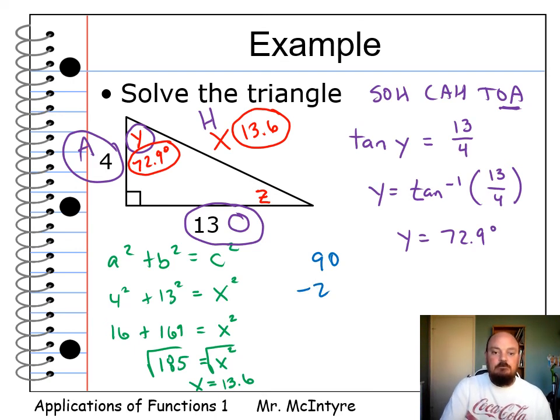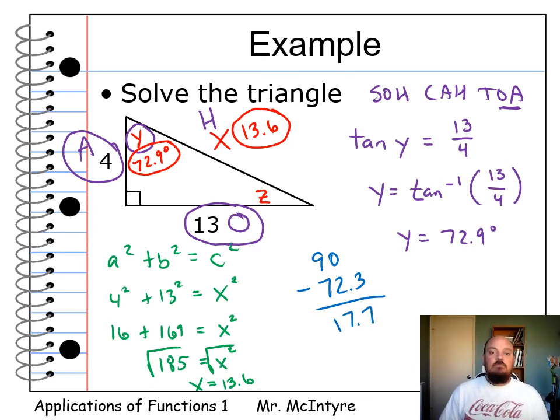Oops. Just do 90 minus 72.9. And that would end up being 17.1. And that's your final answer. That's your last answer. Z here is 17.1 degrees.